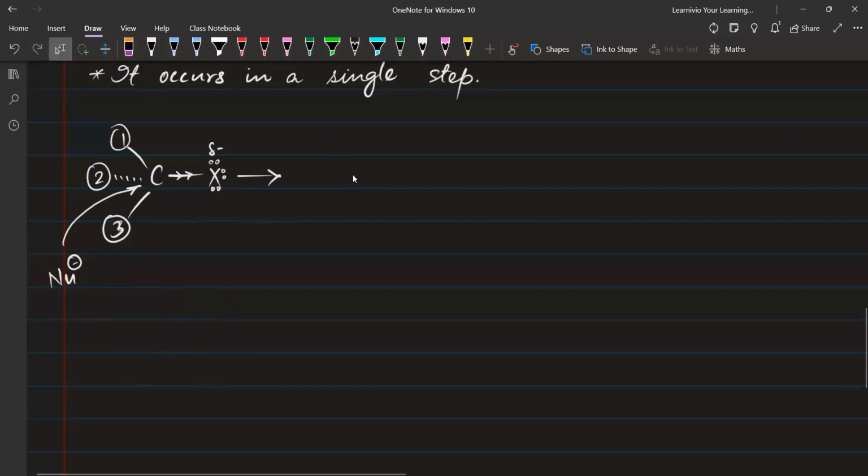So basically यहाँ पे दो चीज हो रहा होगा. Nucleophile will be forming a bond with carbon atom, one, two, three, and halogen. ठीक है.